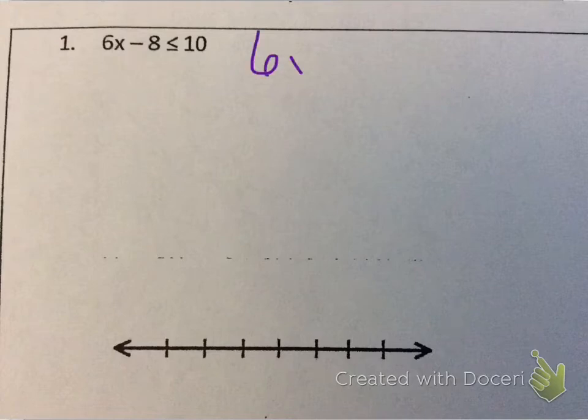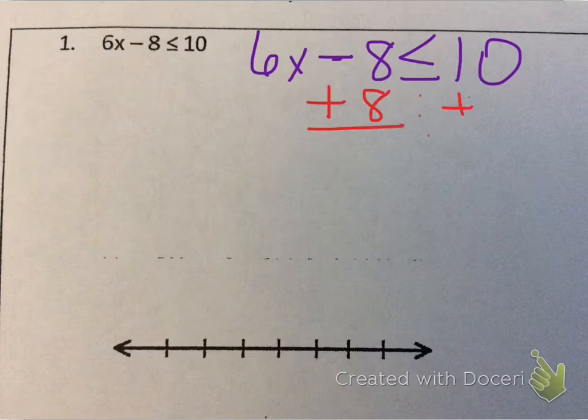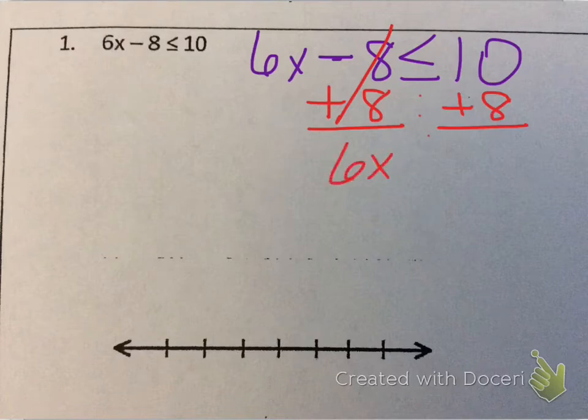I'm going to rewrite this just a little bit bigger so I have some more space. And so to get rid of that subtract 8, we are going to add 8. Whatever we do to one side of the inequality, we have to do to the other. My 8's cancel out. Negative 8 plus 8, we are left with 6x is less than or equal to 10 plus 8 is 18.